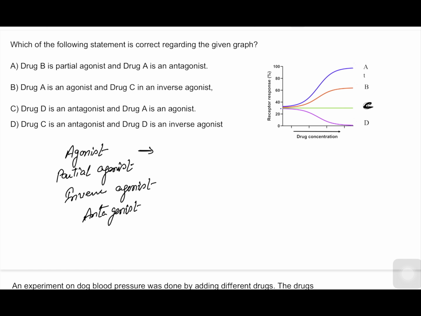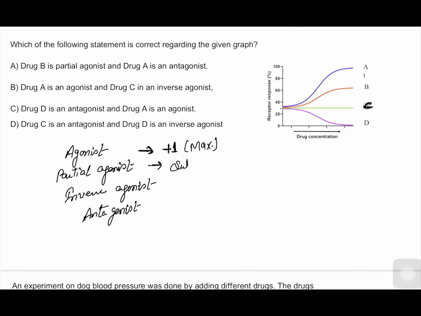We have a baseline, which means normal function of the cell. If any drug binds to the receptor and produces maximum intrinsic activity, meaning +1, this is our agonist. They will stimulate or produce the maximum function, so an agonist will produce +1 activity.